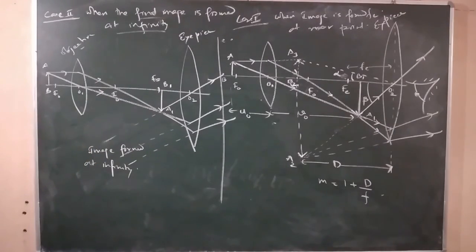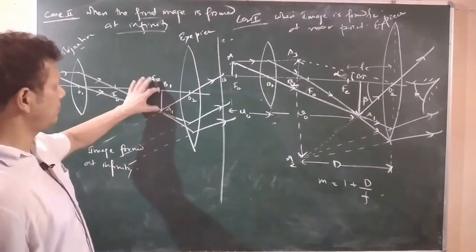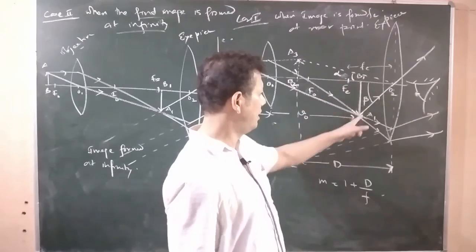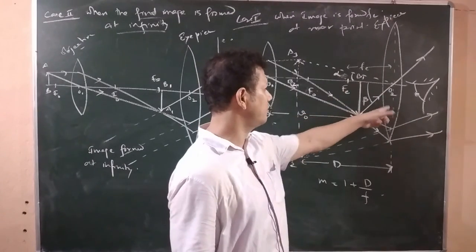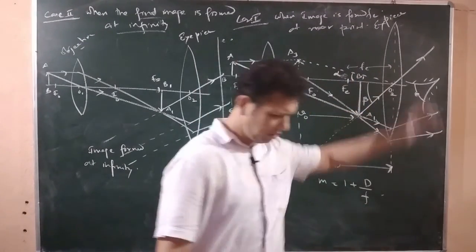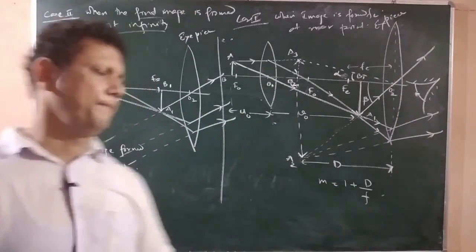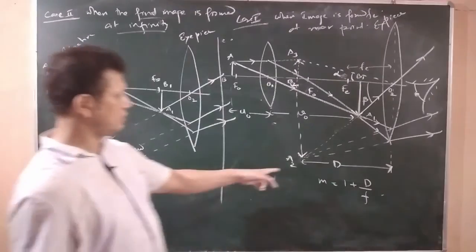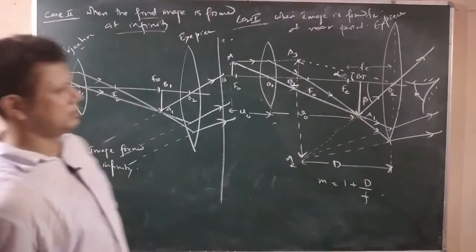And this is the ray diagram for the first case. The difference is that here we have placed the object almost at the focus, but there the object A1B1, acting as the object, is placed comparatively inside the focus. Here the image is formed at infinity, there the image is formed at the near point.